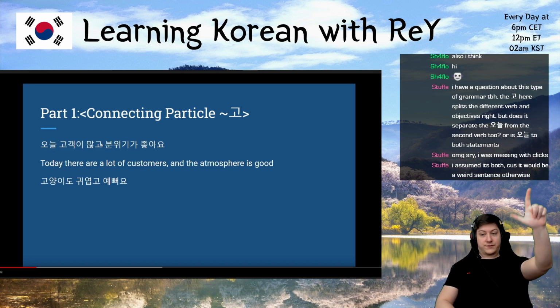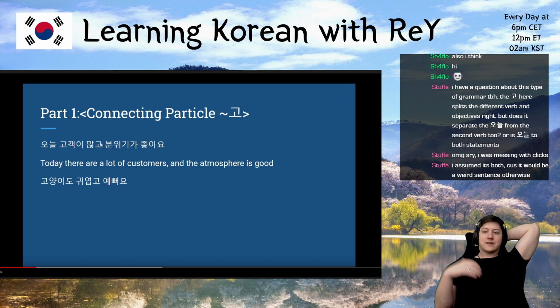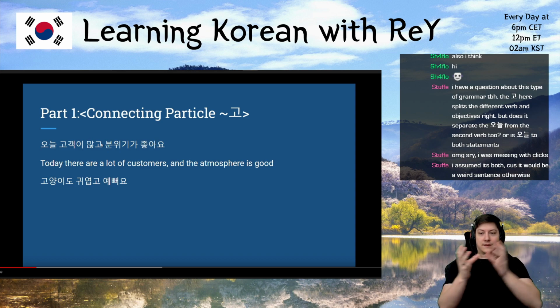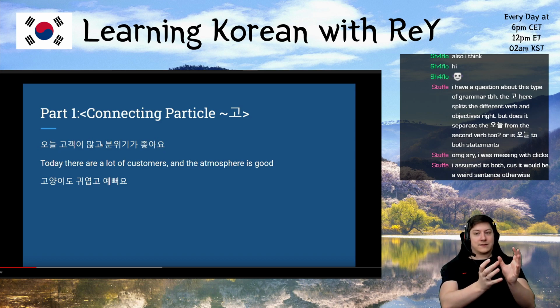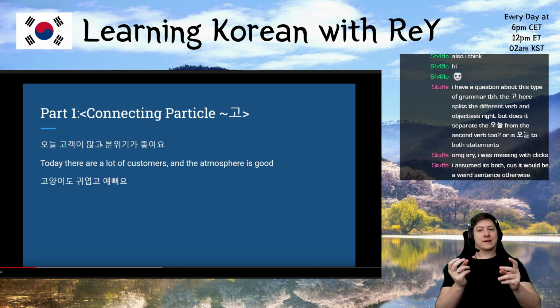The second rule is you can combine two sentences with a similar idea. That was the definition I learned. Connect sentences, but only with a similar idea. You cannot say, I bought an apple and the weather is bad. They don't share a similar idea, so they're not connectable by 고.